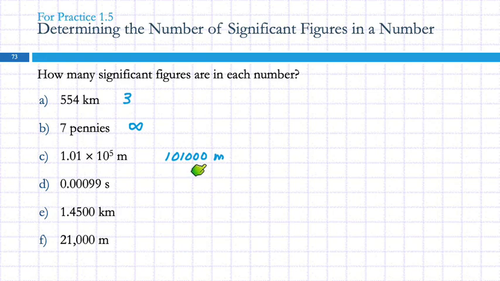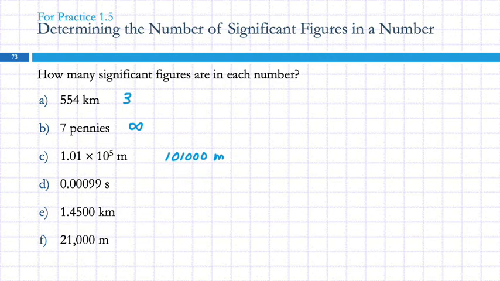So these end up being trailing zeros. There's no decimal point, and they're ambiguous, right? This zero is good. It's trapped between two non-zero digits. But we don't know. And this is the downfall of using decimal notation with large numbers, is you end up needing all these trailing zeros.